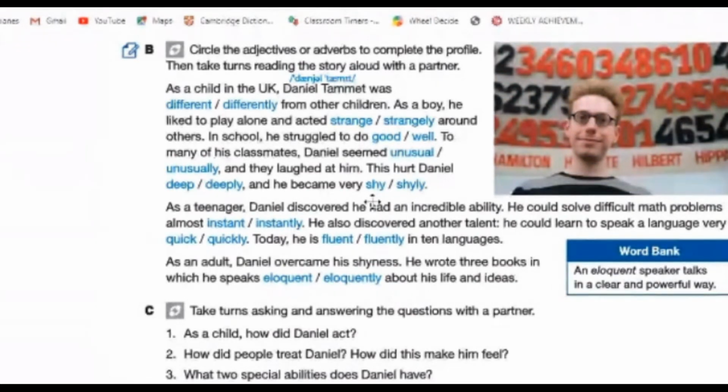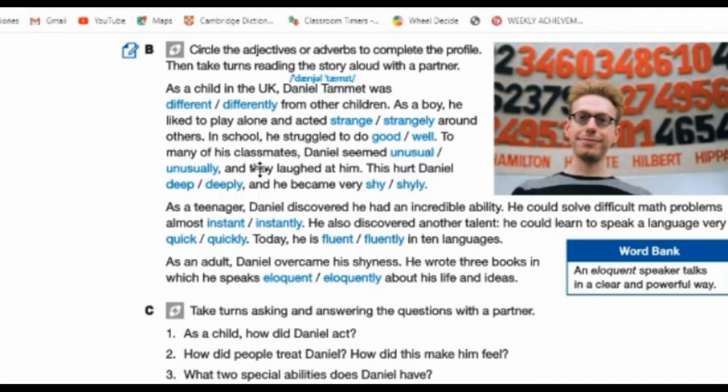Seemed unusual or unusually? Unusual, because seem, okay, this is a stative verb.